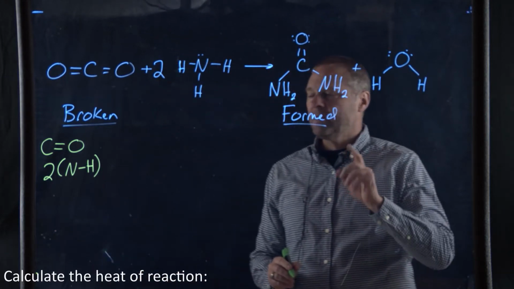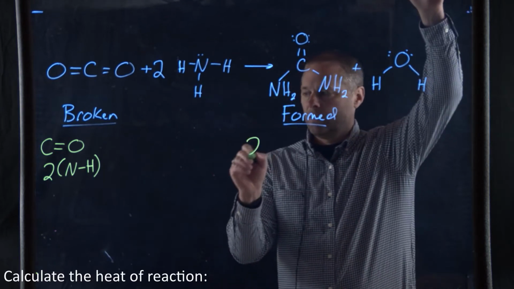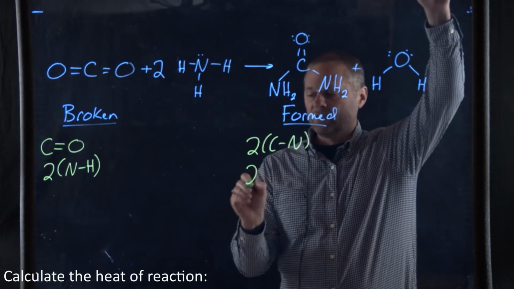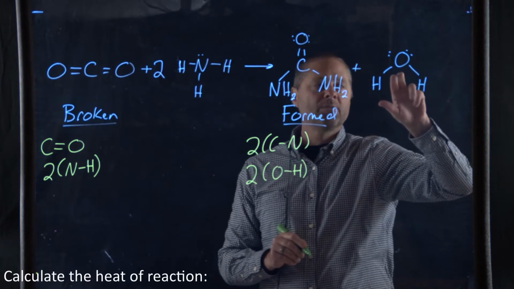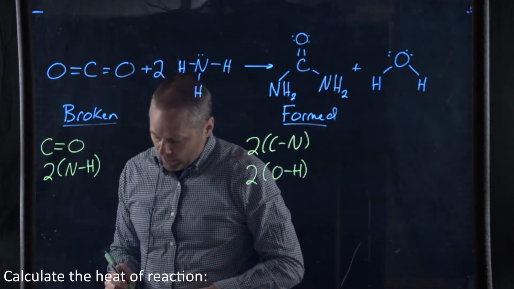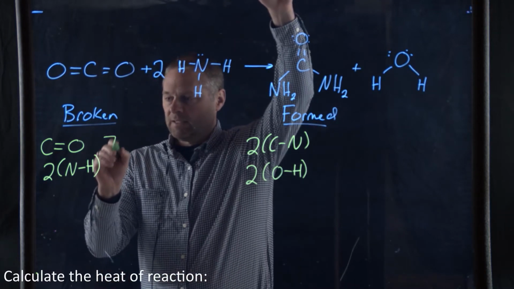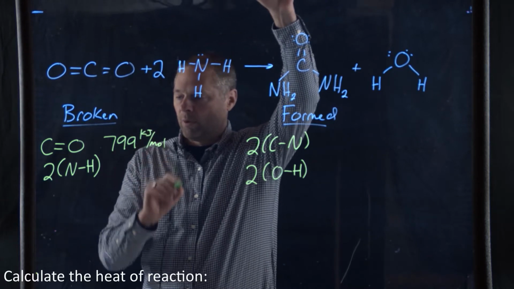We can look at what's being formed. What's being formed, we have 2 carbon-nitrogen bonds, as well as 2 OH bonds being formed because there is no water over here. We can look these numbers up in a table of bond enthalpies, and this is 799 kilojoules per mole.